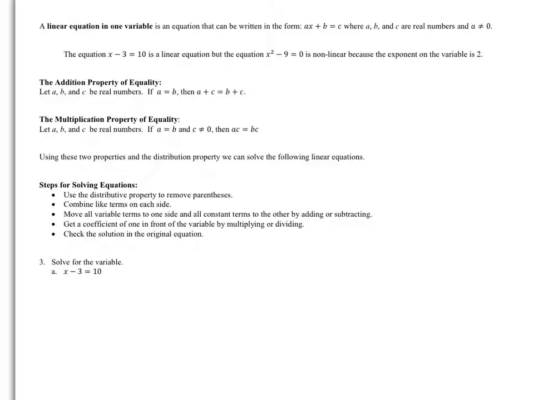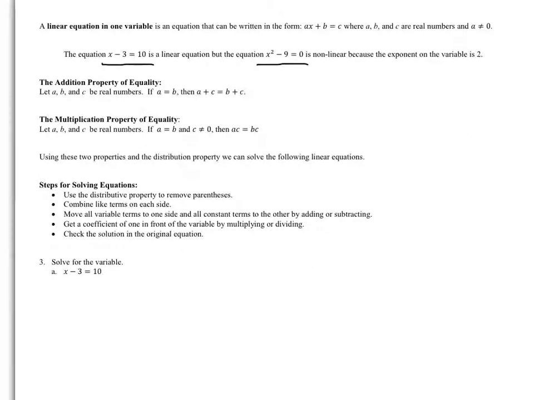Now sometimes it's y or z or q. So this equation, x minus 3 equals 10, is linear because x is just a single variable x. But the equation x squared minus 9 is nonlinear because it has an exponent on the variable of 2. By the way, the exponent on the regular x here is just a 1.